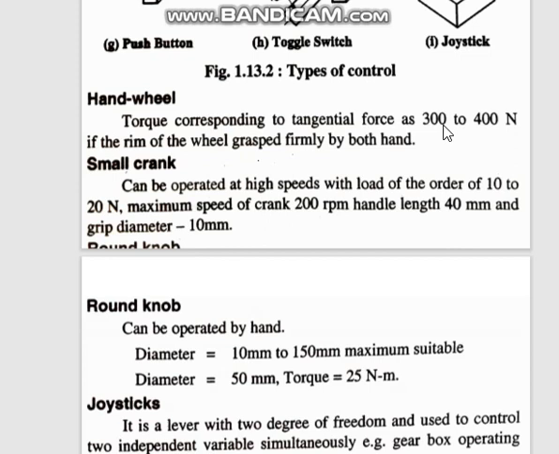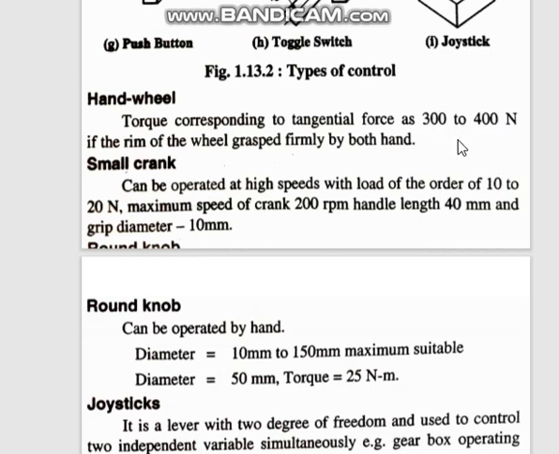With one hand you can approximately lift some 30 kgs. 30 kgs, if you convert it into newtons, becomes 300 newtons. Some strong people may be able to lift 40 kgs of weight. 30 kgs to 40 kgs of weight you can lift, and 30 kg force can be translated into 300 newtons, and 40 kg force is translated into 400 newtons.